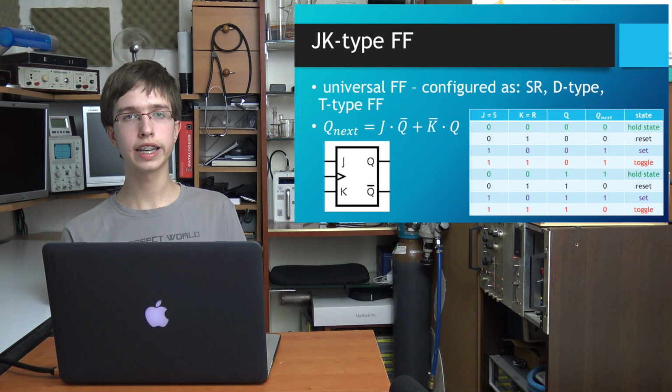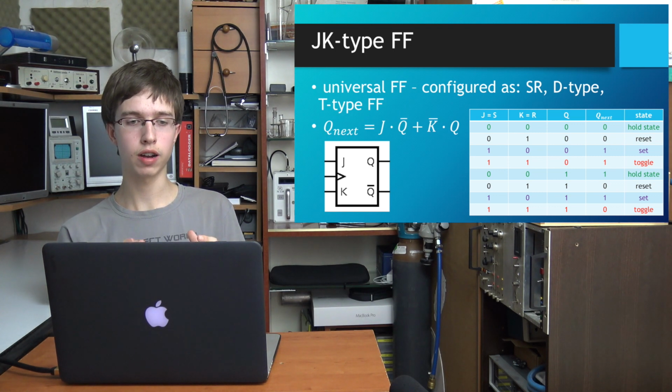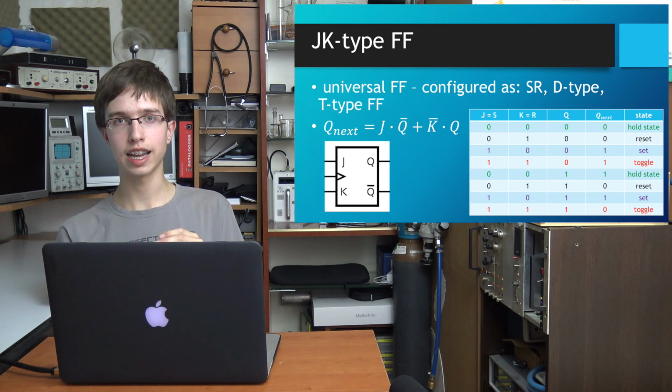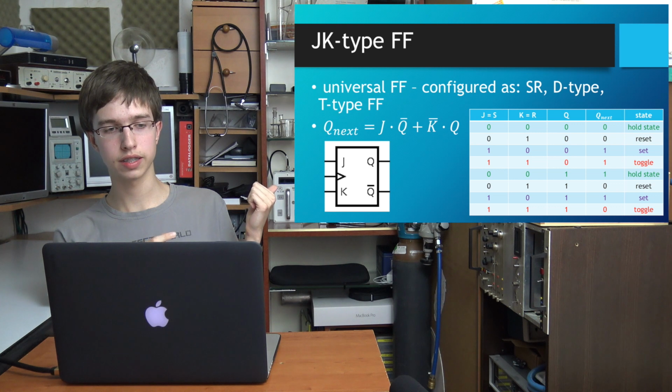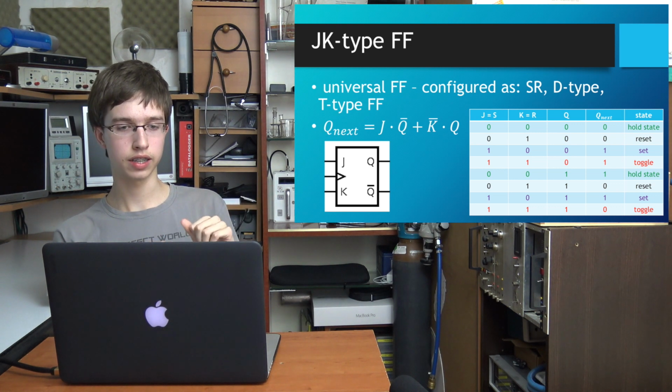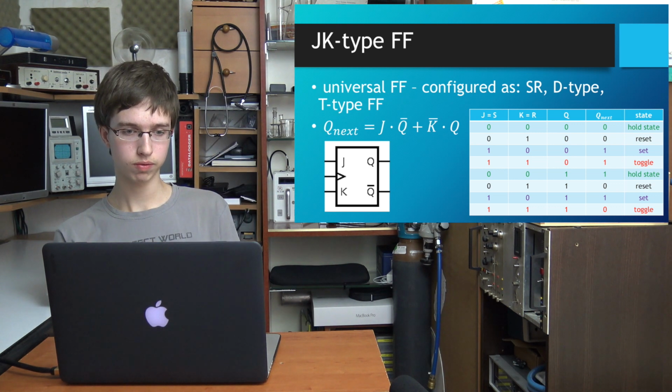And finally, JK type flip-flop is a universal flip-flop which can be configured as SR flip-flop, D-type or T-type flip-flop. And it is defined via this equation. We can see it here, and its truth table.